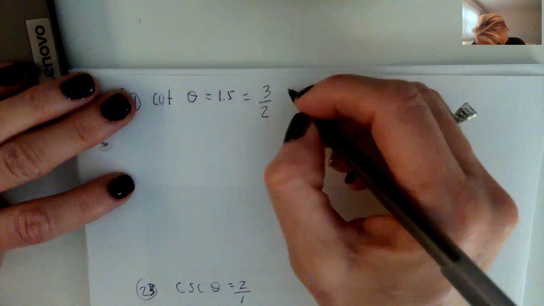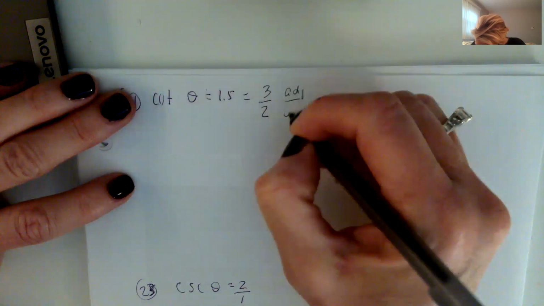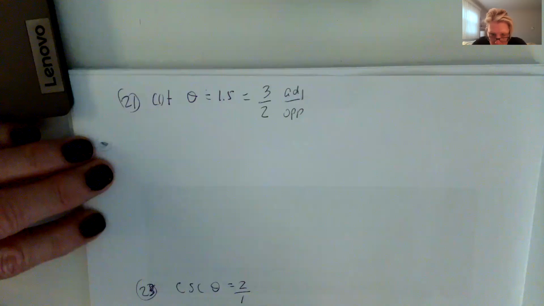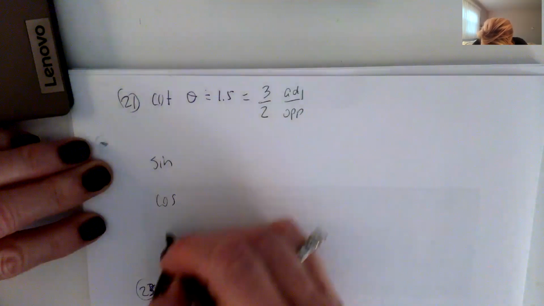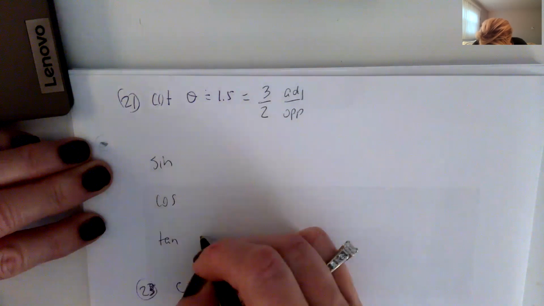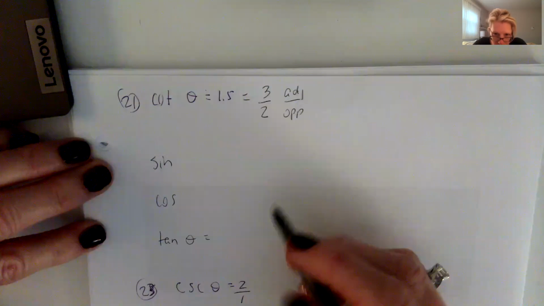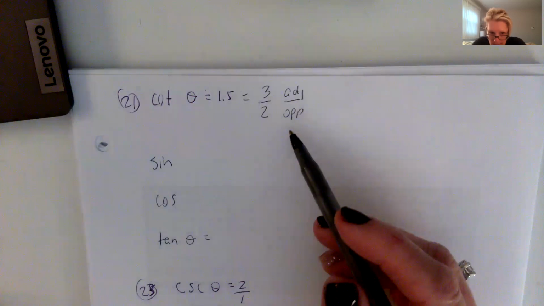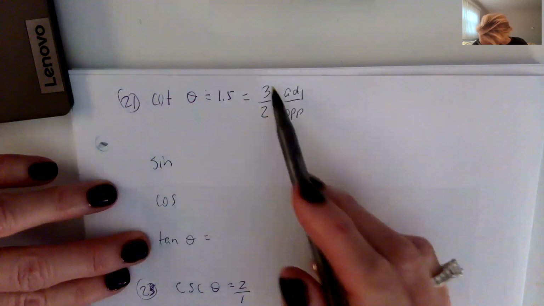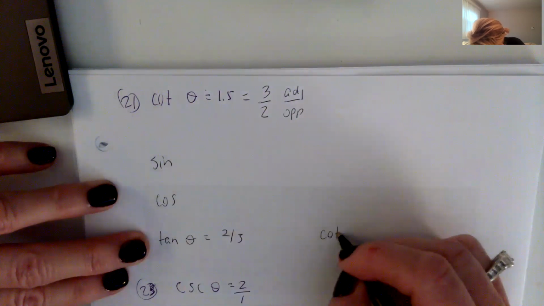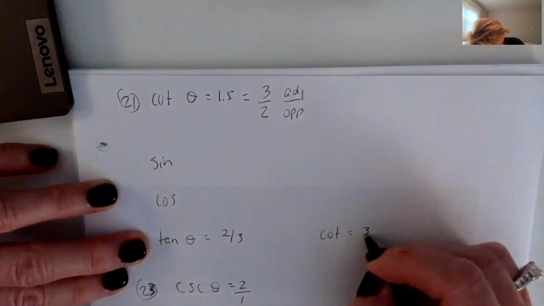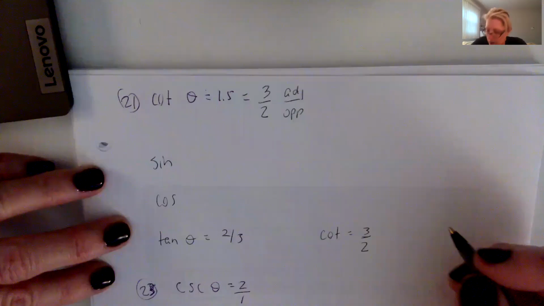So this is the adjacent over the opposite. So we automatically know the tangent is going to be the reciprocal of this. So that's 2/3. And so we can fill in cotangent, which they gave us is 3/2.